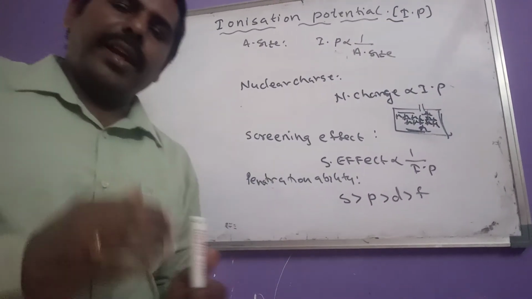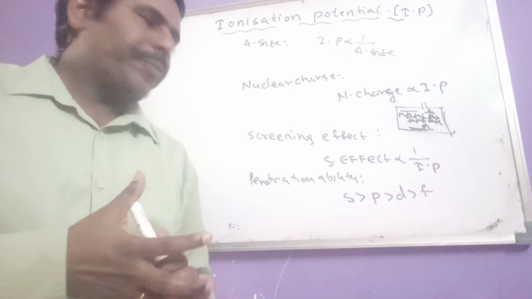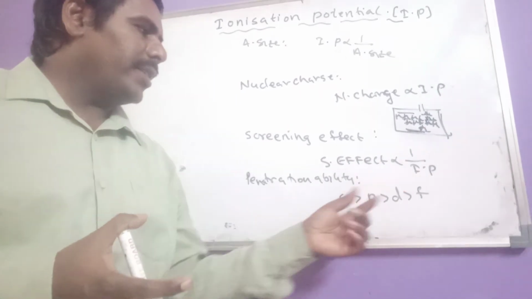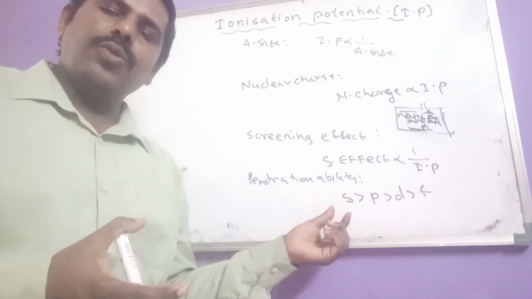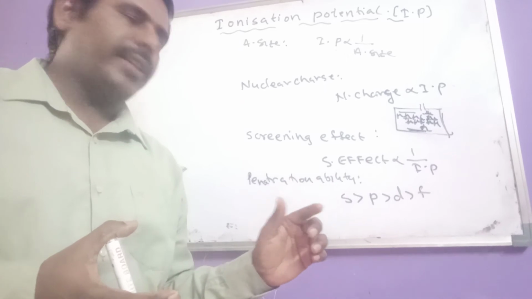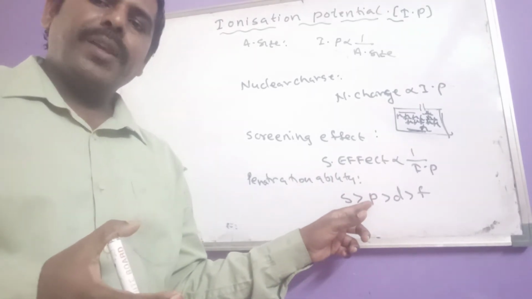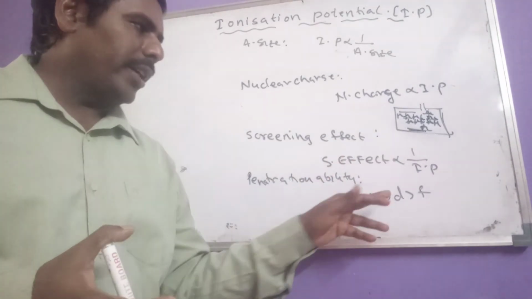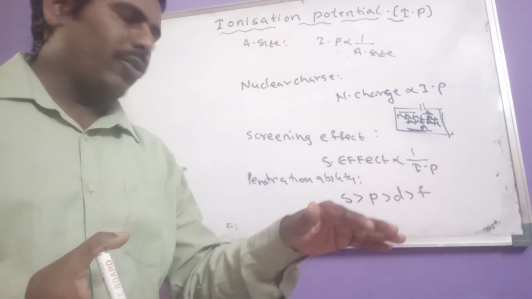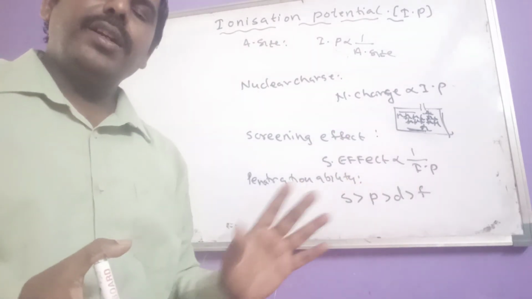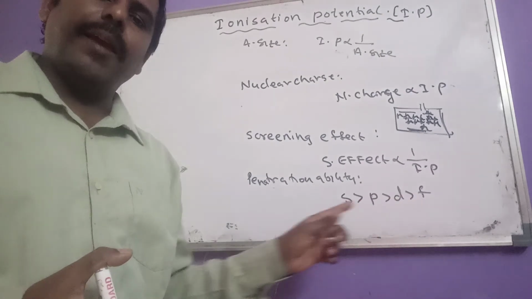That means in a particular orbit, among these four subshells, the s subshell moves somewhat close to the nucleus, then the p subshell, then the d subshell, then f. So like that, this is the penetrating ability.